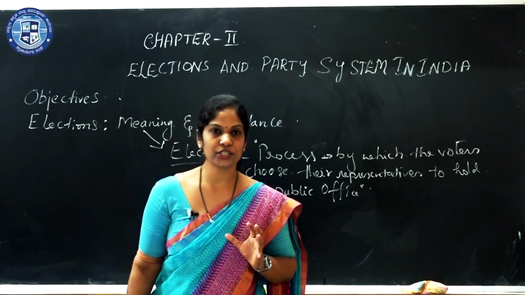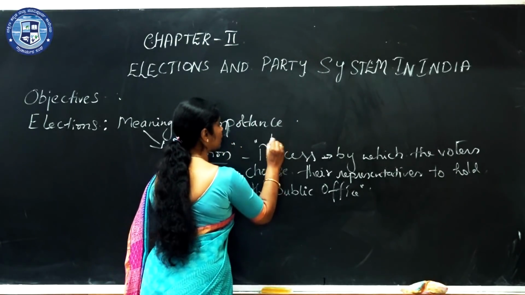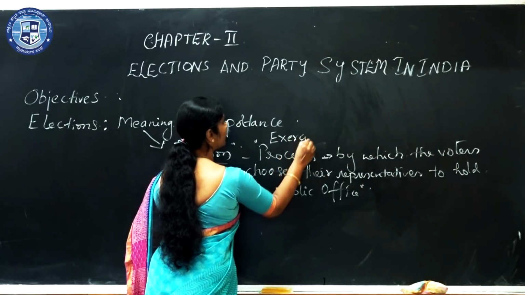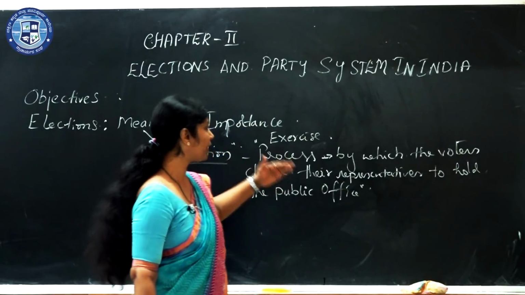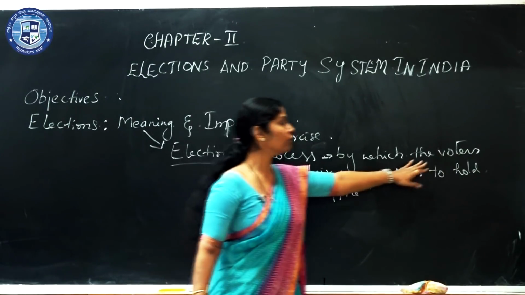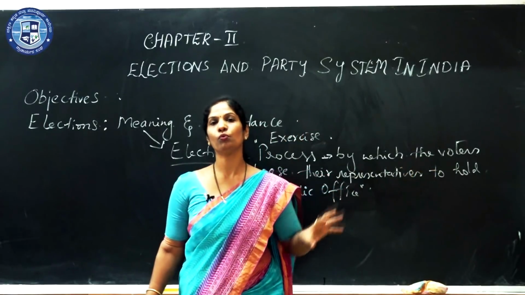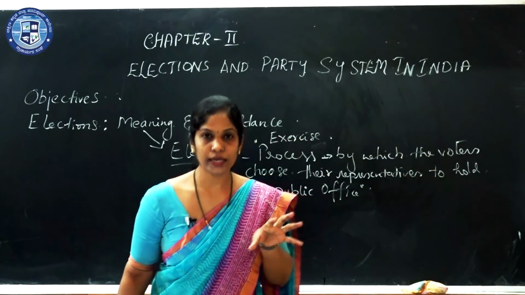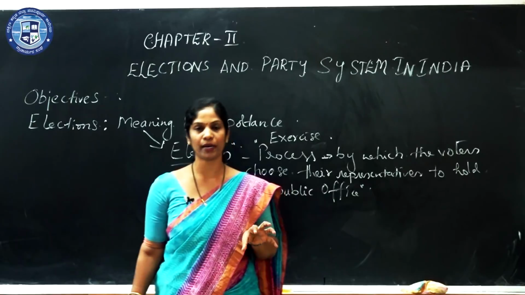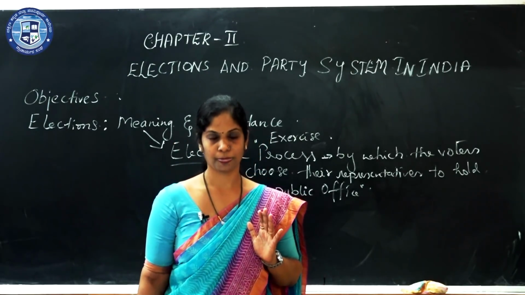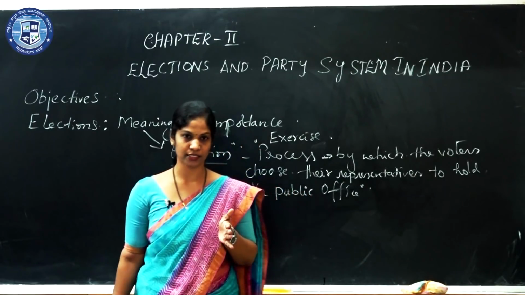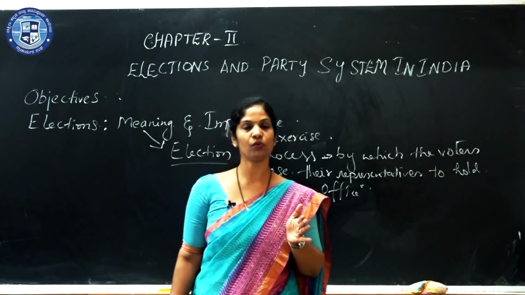So, election is the process, or you can also call it an exercise, by which or through which the voters choose, and I hope you know who the voters are. In India, we have adopted a system called Universal Adult Franchise. Universal Adult Franchise means all the eligible voters.